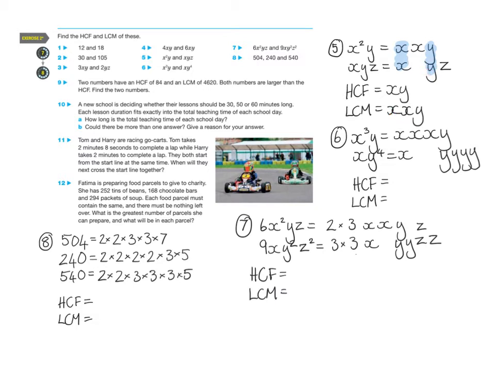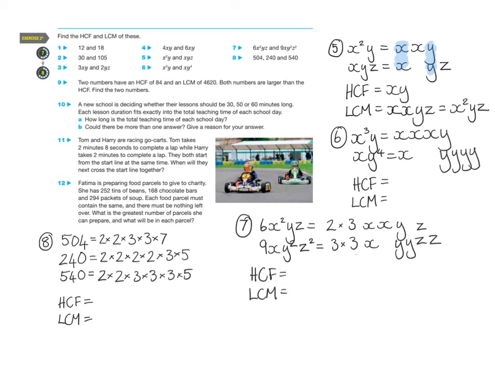Then I've got a y, but I've already included one y. The only addition I need to make is that z. In other words, the lowest common multiple is x squared y z. You'll see over here that x squared had the highest power value, the exponent. Then y was the same on both, and z was magically there.